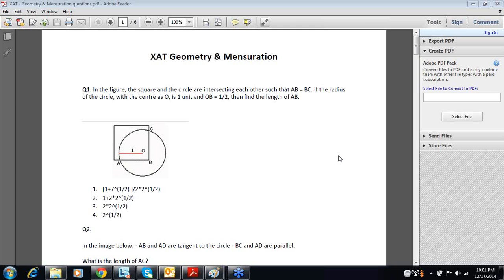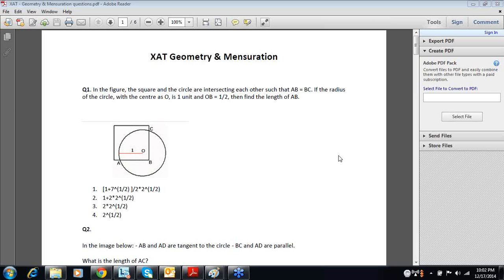I've prepared around 12-13 questions for you this evening. A lot of the questions have been taken directly from previous examinations of CAT and ZAT. Let me start with the questions.